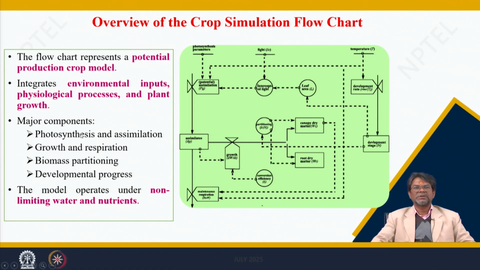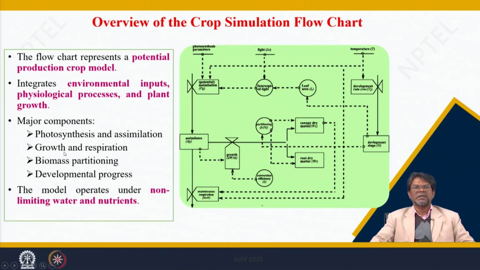Photosynthesis is definitely influenced by the weather parameters, solar radiation and temperature, which we will explain here. The photosynthetic assimilates are converted to dry tissue, and that is how growth goes on.